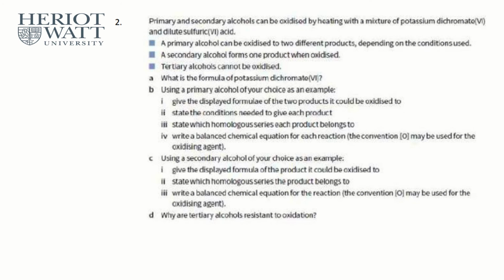Okay, let's move on to question 2. Primary and secondary alcohol can be oxidized by heating with a mixture of potassium dichromate and dilute sulfuric acid. Now for oxidations, we need a common oxidizing agent, which in this case is potassium dichromate, K2Cr2O7, acidified. In this case, they don't put acidified, but they put potassium dichromate and dilute sulfuric acid.